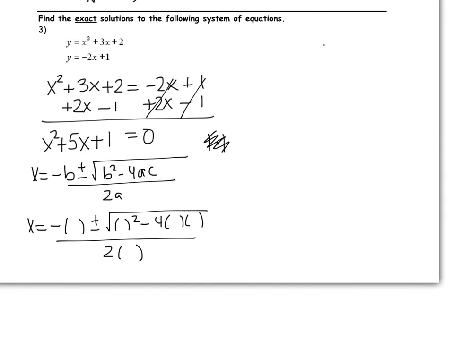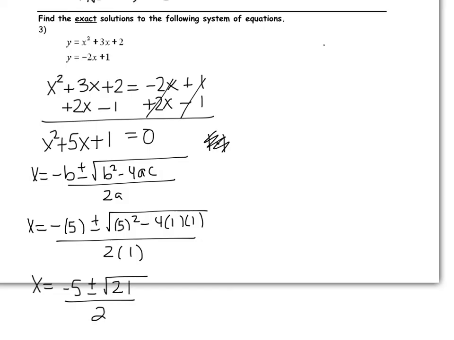We should be getting, what goes in for b? We should have 5 for b, a is 1, c is 1, so x equals negative 5 plus or minus radical something over 2. So if you put this into the calculator without the radical, so you'd put in 5 squared minus 4 times 1 times 1, you should be getting 21.